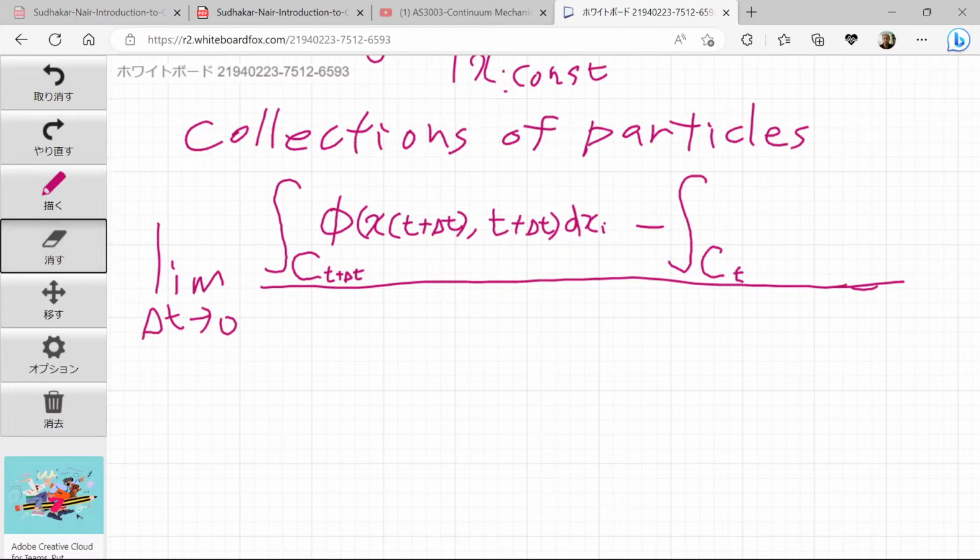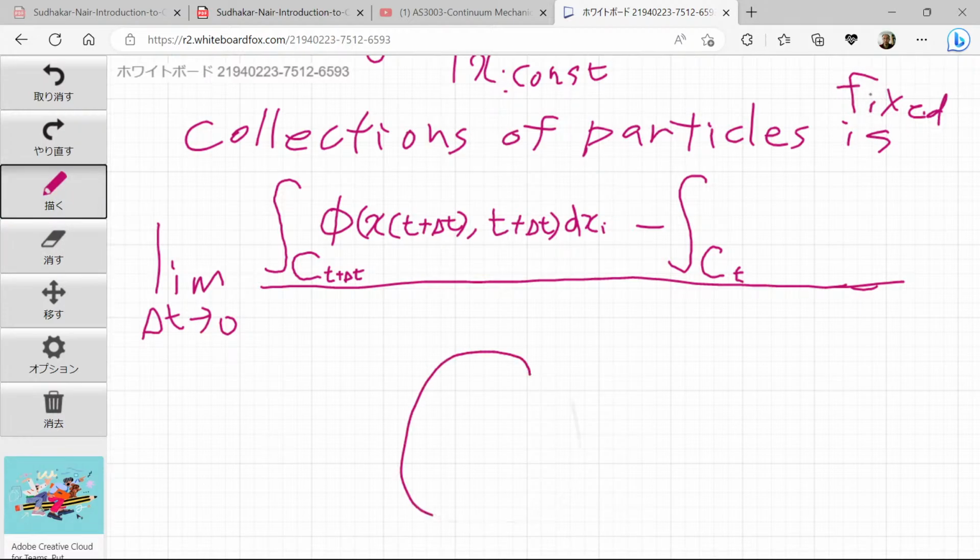This is what I want to say. If you have a path C, you have particles on this path, and these particles are fixed.